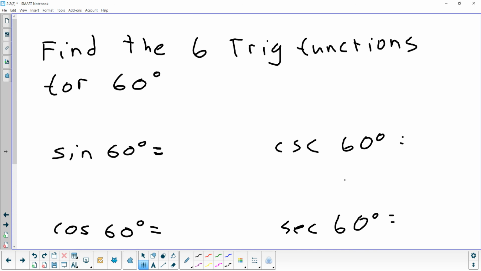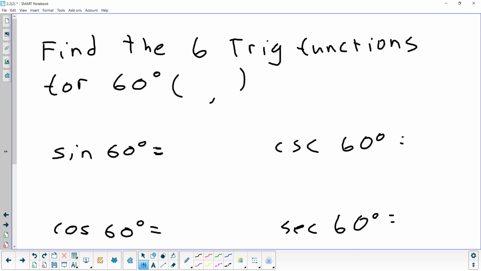All right, so let's take a look at finding the 6 trig functions of 60 degrees. What's the first thing, how about Dom, what's the first thing you have to do here? So you take the coordinates from 30 and you flip them. Yep, so for 60, the x and the y switch. So now, the short side is on the bottom, and the tall side is vertical.